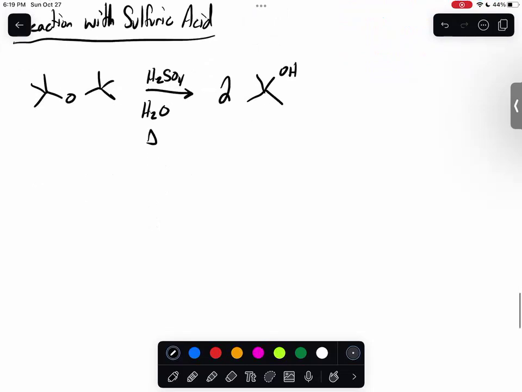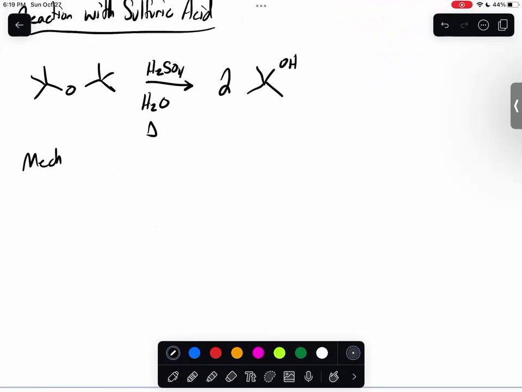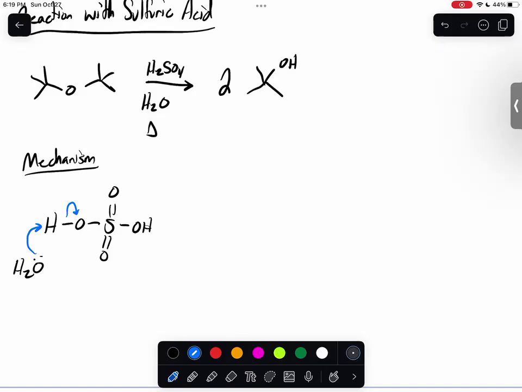Well, mechanistically, it's going to work the exact same as everything else, right? Where from the start, we have H2SO4 hanging out in our solution with water, right? The H2SO4 is going to protonate our water first off, which is then going to give us the H3O plus, which we already knew would happen due to the leveling effect. But here's the thing.